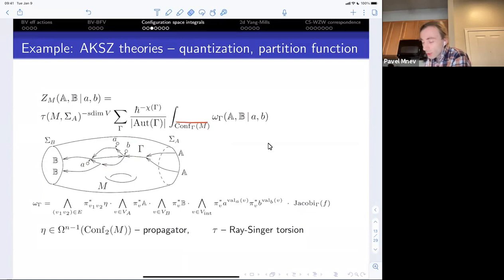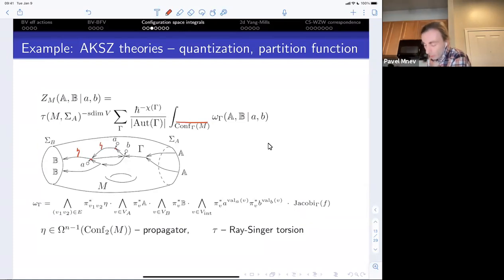And well, the object that I'm integrating is a product of some things. So for each edge, I need to put a propagator. And a propagator is a certain n-1 form on the configuration space of 2 points, which correspond to the positions of the 2 endpoints of the edge.